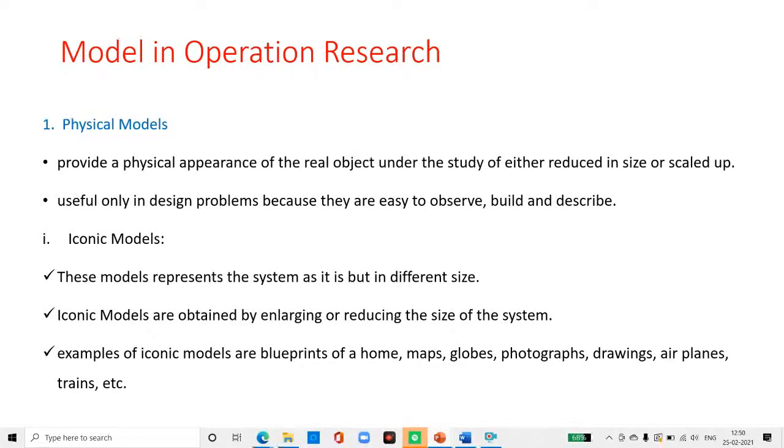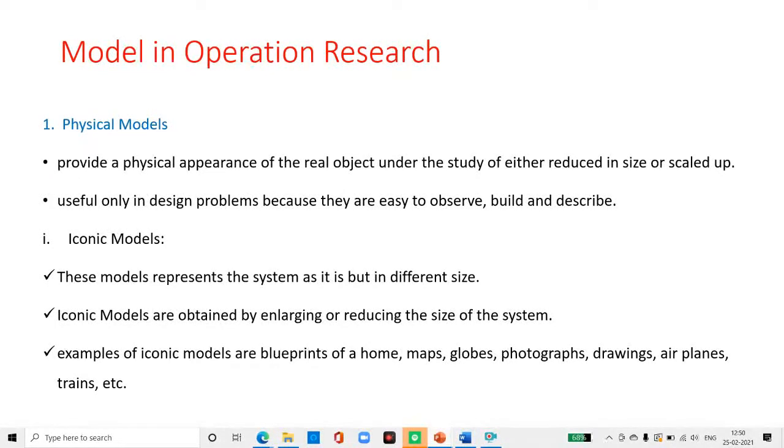When we present a real life situation in some abstract form, whether physical or mathematical, bringing out the relationship of its important ingredients, we call it a model. The model need not describe all the aspects of the situation, but it should identify the important factors and their interrelationships to describe the total situation.